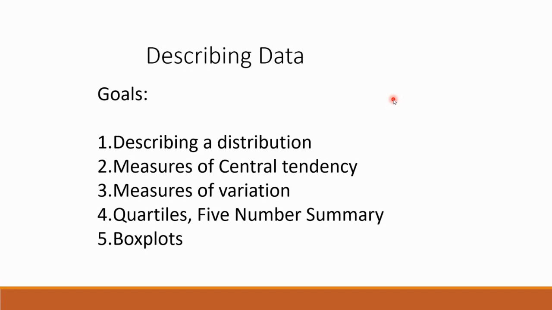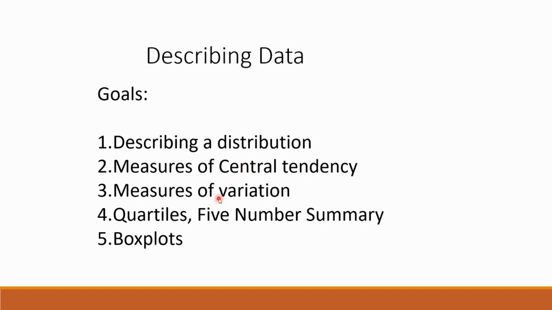Most of the stuff here, we're going to work with quantitative data, but we will mention a bit about qualitative data as well. We're also going to look at what we call measures of central tendency. This is actually what you might have expected when you found out we were going to cover stats in this class. This is where we do things like the mean, the median, the mode.